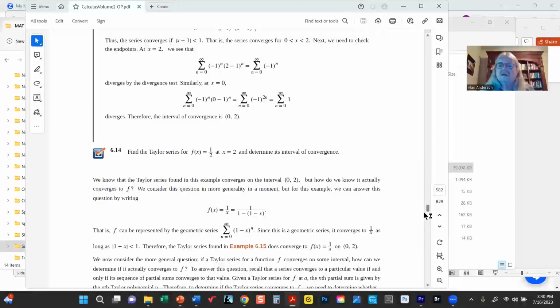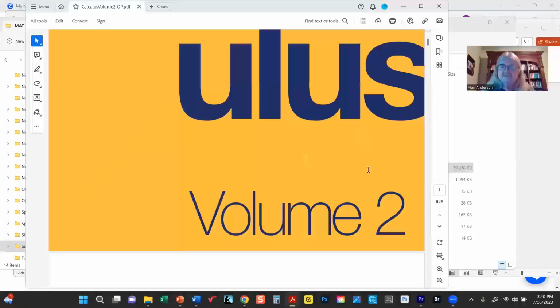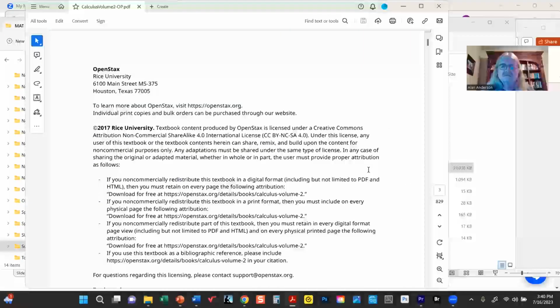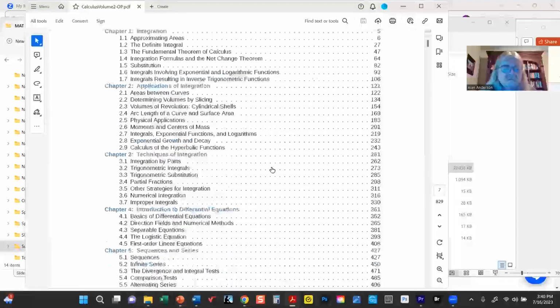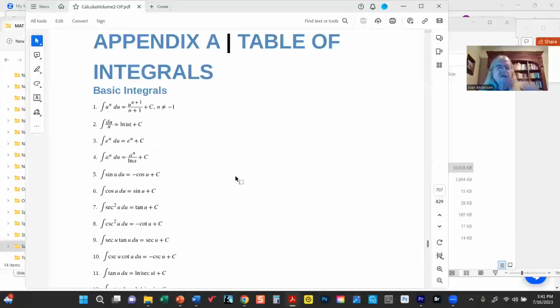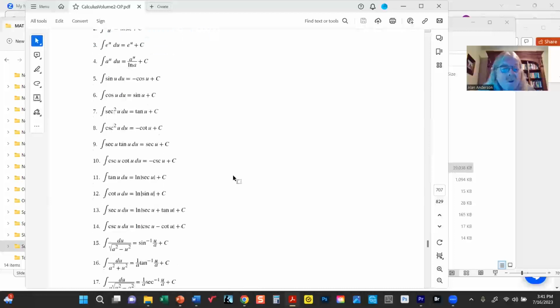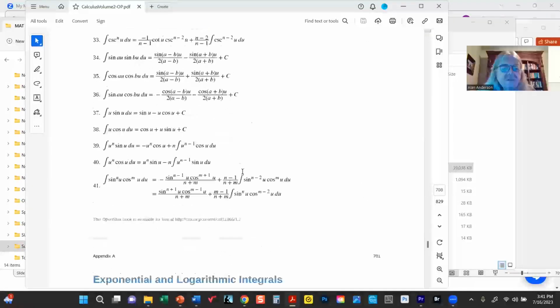So we're looking at, here it is, Appendix A. So this is the list. And you can see it's quite long, quite extensive.